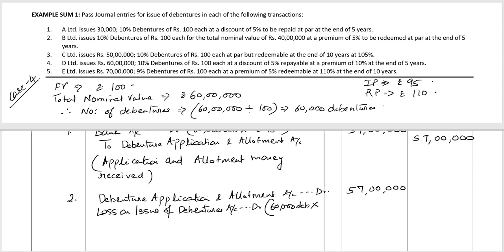The discount is rupees 5, plus the premium on redemption, which is rupees 10, comes up to rupees 15 per debenture. So multiplied by rupees 15 comes up to 9 lakh rupees.